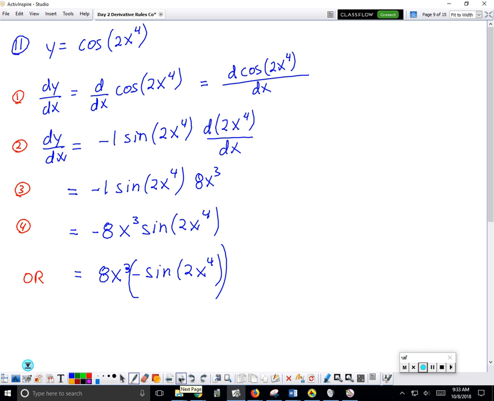Number 11. Y is equal to cosine of 2x to the 4th.